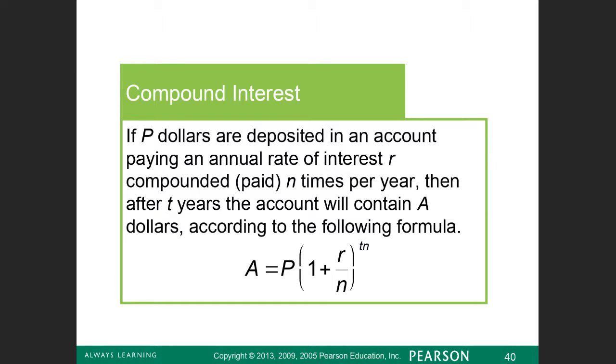So we have the formula here, where A is the future amount, P is the principal amount or initial amount, R is the rate in terms of percent, and N is the compounding period, the N times per year. We have N also here in the power, and T is the number of years.